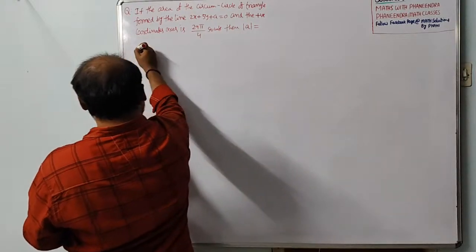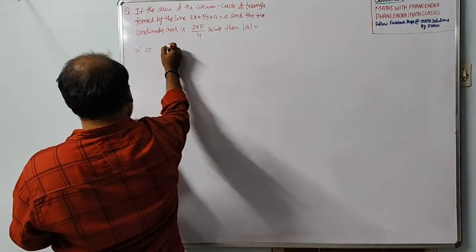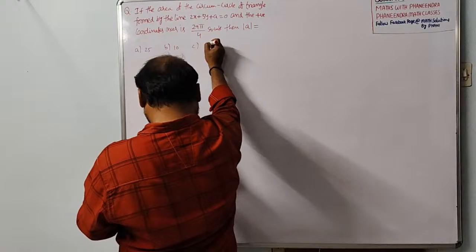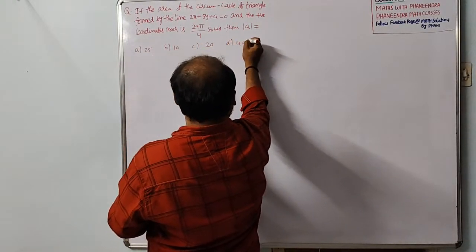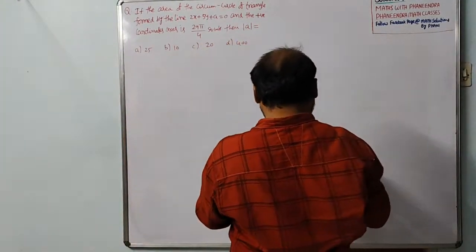The options are 25, 10, 20, 400. The next question.